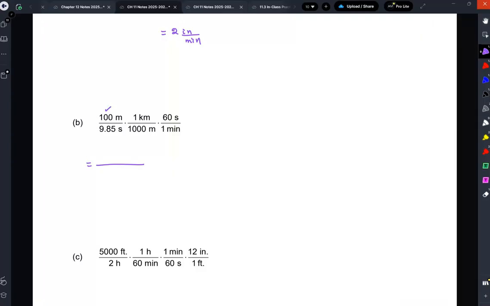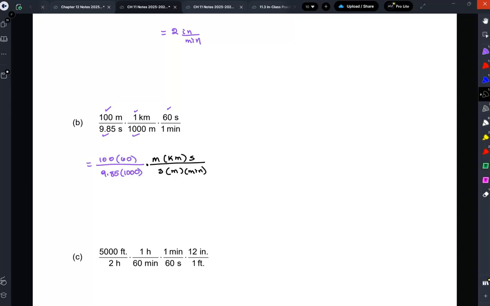Okay, here. Let's take the numbers. 100 times 1 times 60. 9.85 times 1,000. Okay. Then here I have meter, kilometer, second, meter, minute.